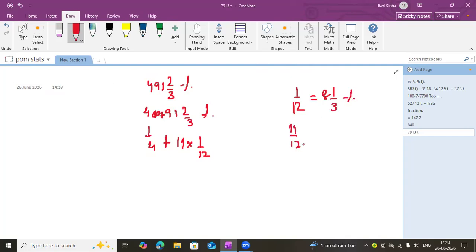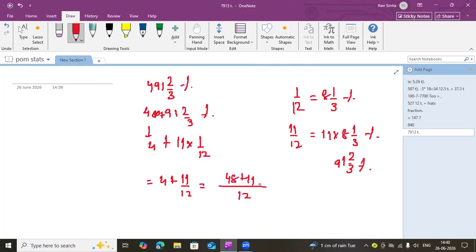So 11 by 12 is 11 into 8 1 by 3%, which is 91 2 by 3%. So this is 4 plus 11 by 12, 48 plus 11, 59 by 12. So we have done problems in this way.